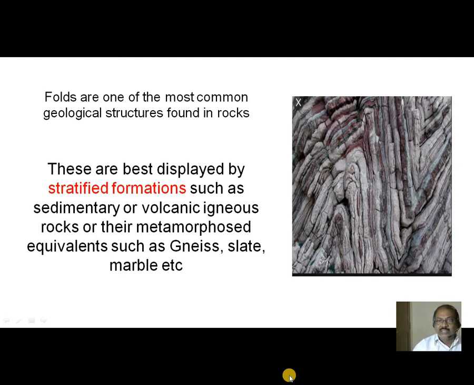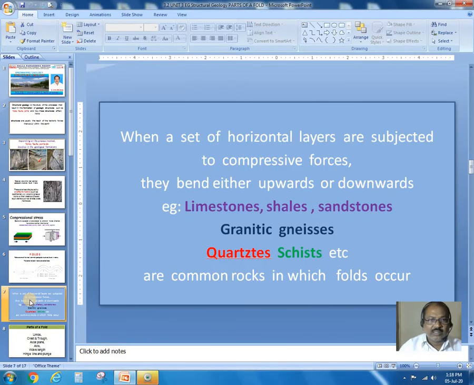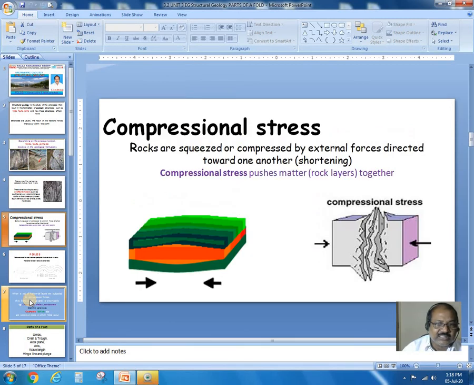Folds are best displayed by stratified formations such as sedimentary or volcanic igneous rocks, otherwise metamorphic rocks such as gneiss, slate, marble, schist, etc.